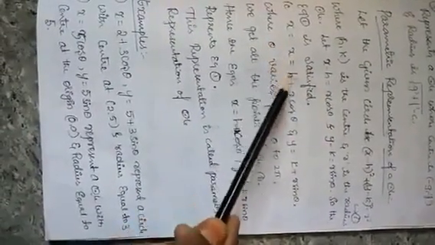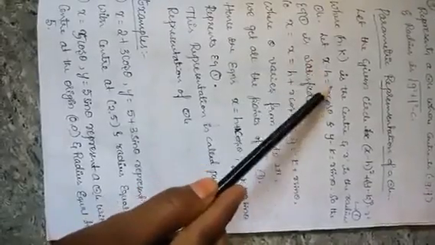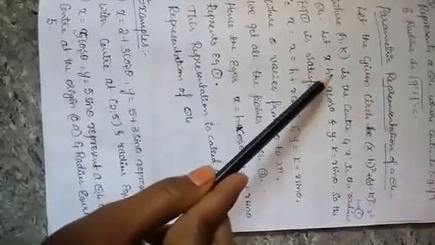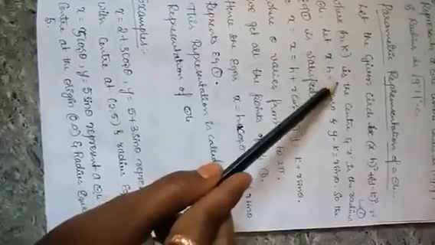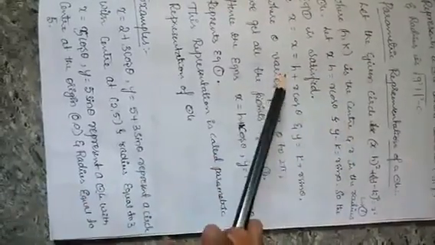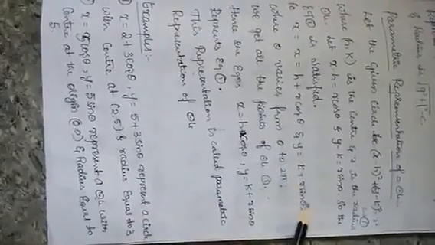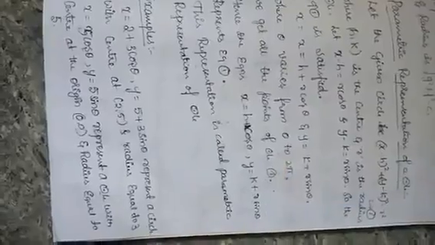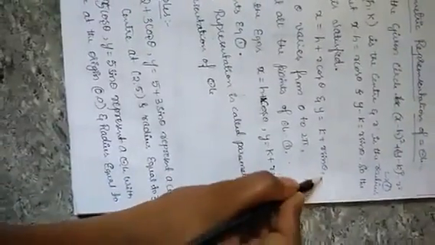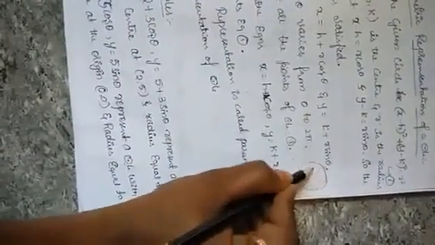This equation can be written as the parametric equation: x is equal to h plus r cos theta, since h comes to this side as plus h, and y is equal to k plus r sin theta, where theta varies from 0 to 2 pi. This is a circle.